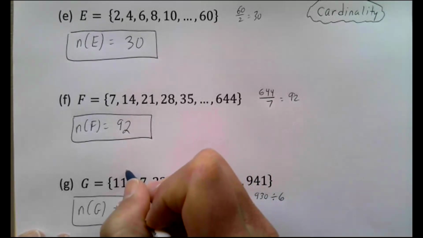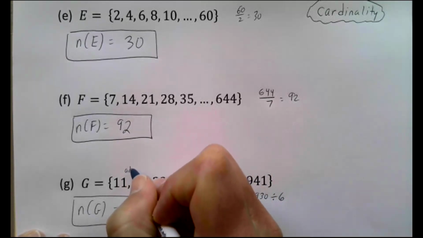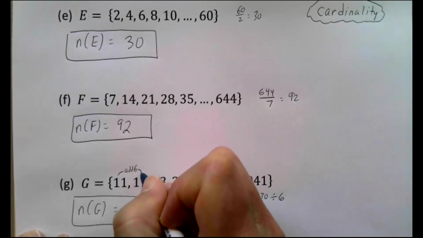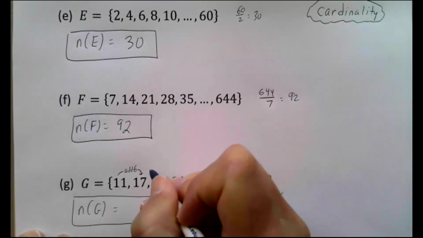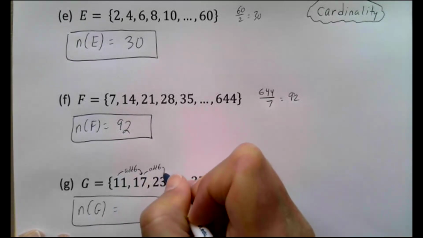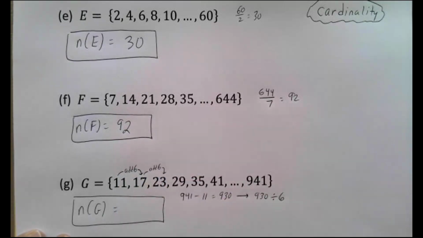Why am I dividing by 6? Because we are adding 6 every time, right? That's the pattern. I'm adding 6 to get from 17 to 23, and I'm adding 6 to get from 23 to 29. We take 930 divided by 6, we get 155.